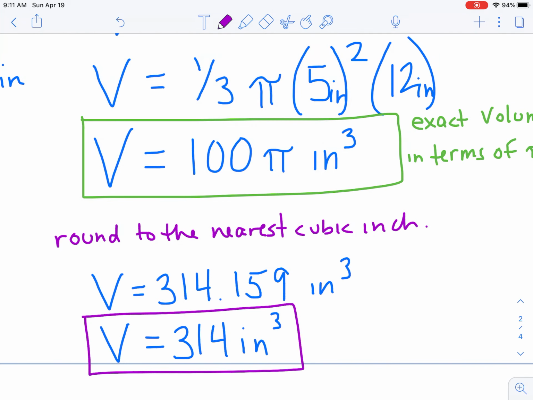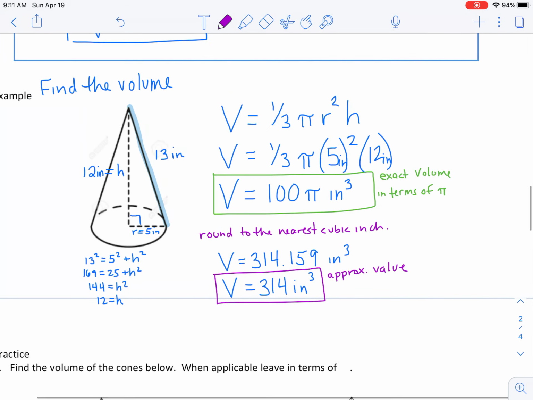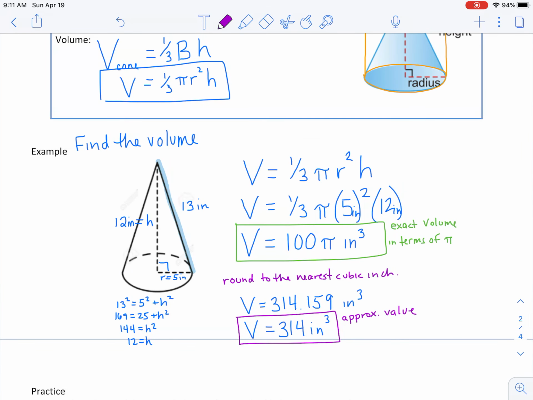This is an approximate value. This is not the exact value because I rounded. That's the difference between an exact value and an approximate value.